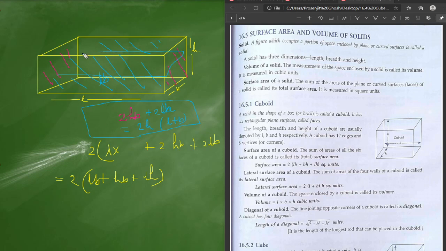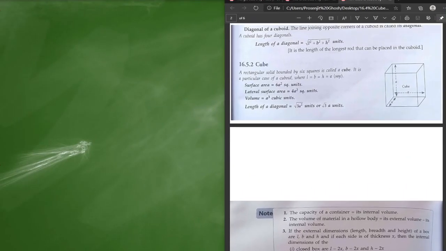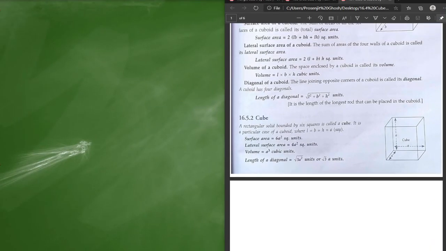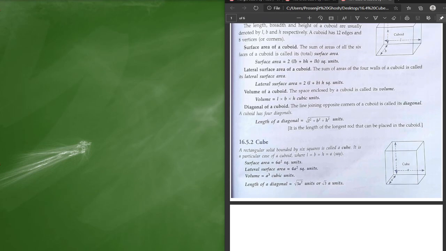Only these four surfaces are called lateral surface area. And if you talk about the whole surface area, that is all six surfaces. Similarly, we deal with the cube as well, where there is no separation between L, B and H. We have to find the surface area and lateral surface area in the same kind of way, but instead of L, B or H, we can directly put A there.